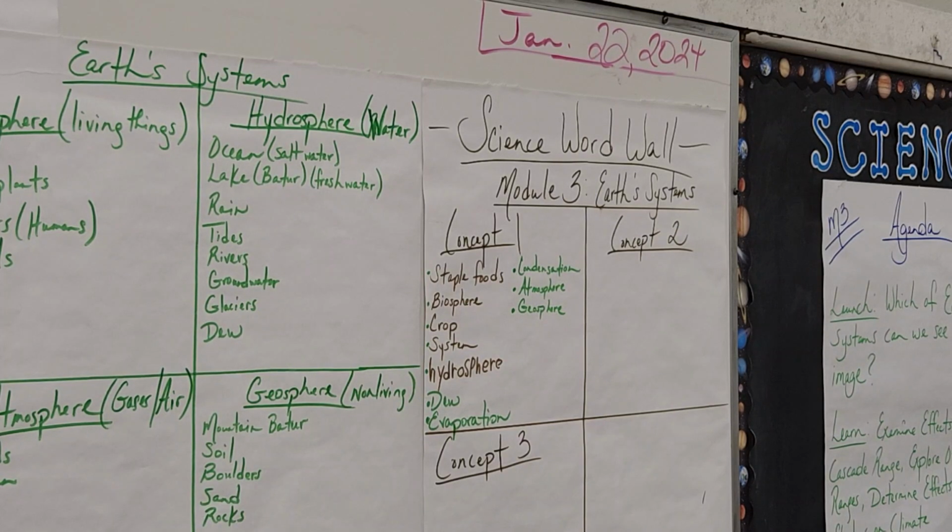This is just to keep my students up to date on which test is covering what. For the test we took today, it was concept 1, so that's why you only see vocabulary words for concept 1. It helps them with keeping up with what vocabulary goes with which test.